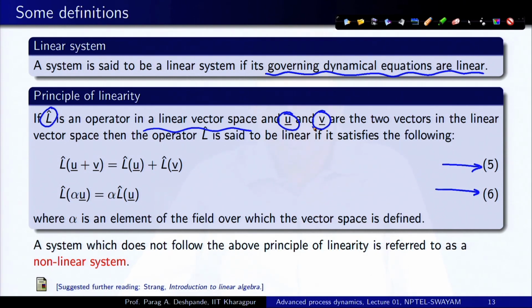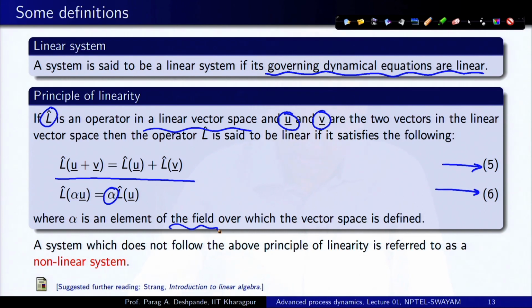Then the operator L hat is said to be linear if L operating on u plus v is equal to L operating on u plus L operating on v, and if alpha is any member of the field over which the vector space is defined, then L operating on alpha times u under bar should be equal to alpha times L operating on u under bar.